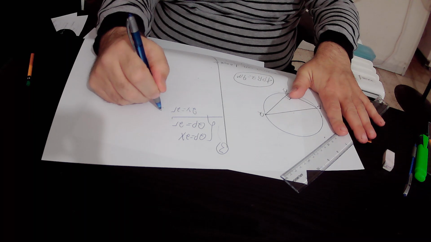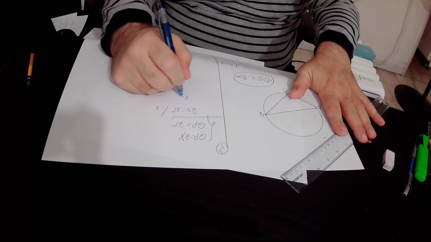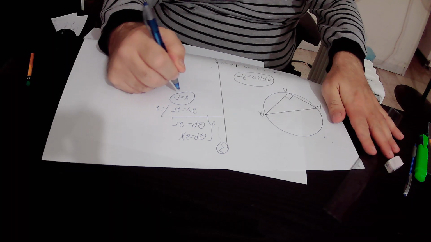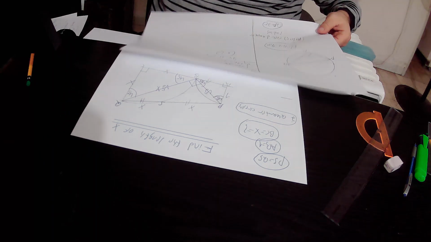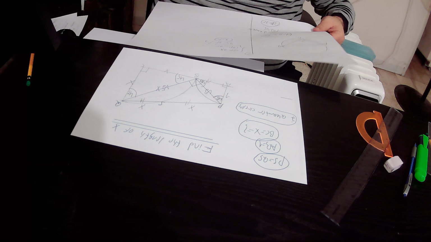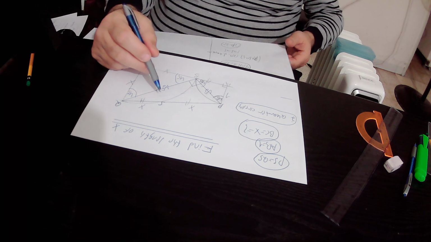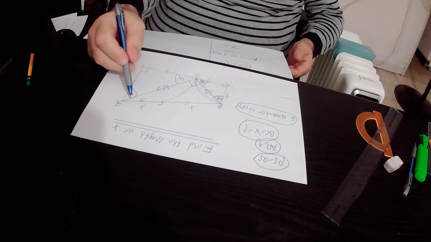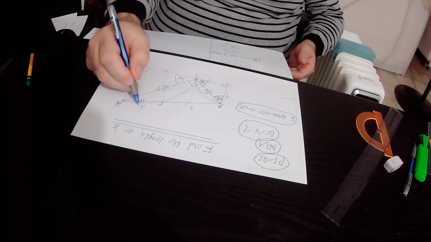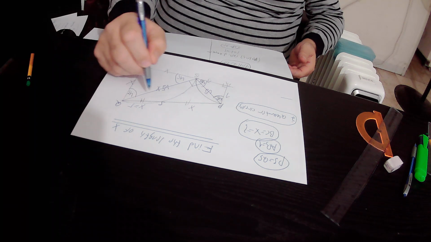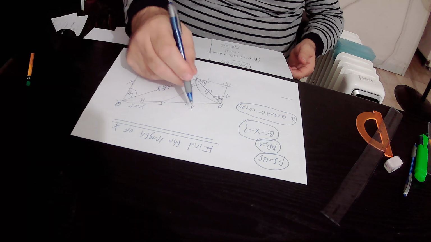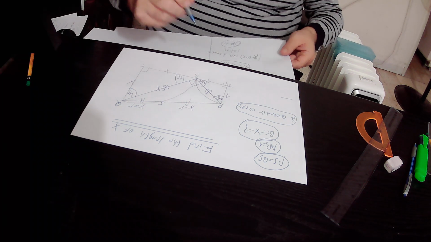Here we'll divide this equation by 2, and finally we get that X equals to R. So here SQ, that is X, it is equals to R, it is the radius of the circle, and PS, that is equal to X, it is equals to R.